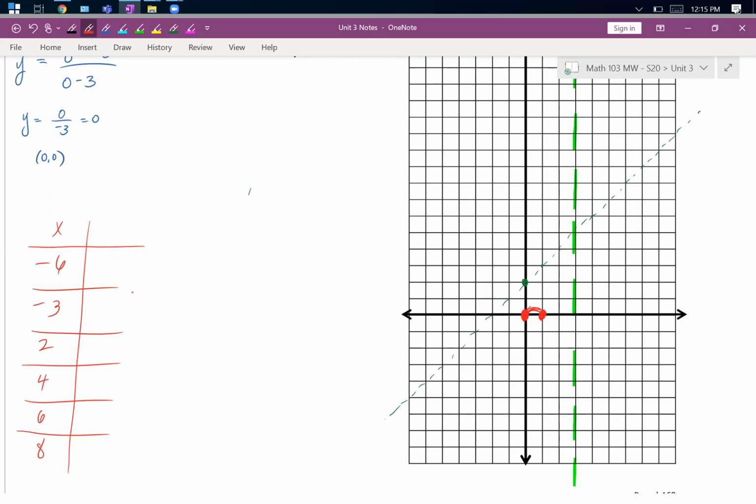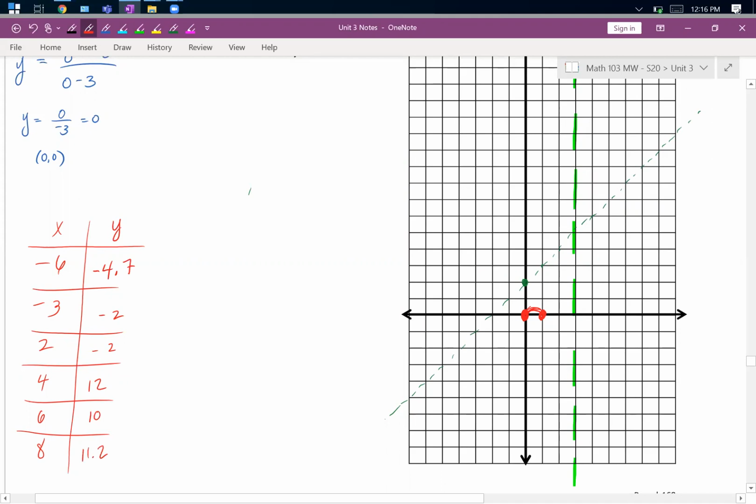And for the sake of time, I've already done that. I mean, -4.7, -2, -2, 12, 10, and 11.2.